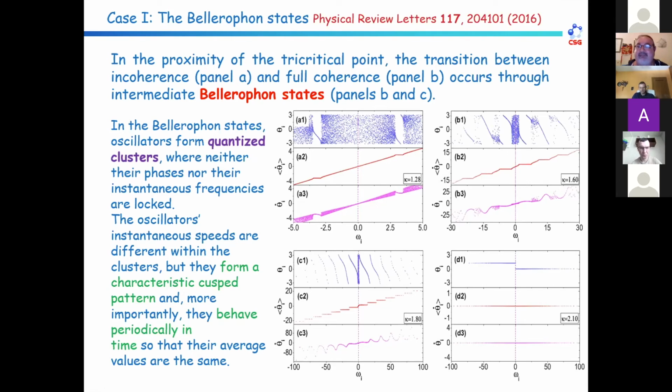So what you have is a non-stationary system, from the point of view of phases, in which the instantaneous phases, frequencies, instead of being locked to a constant in time, are periodic. And what you have is therefore a situation like this.